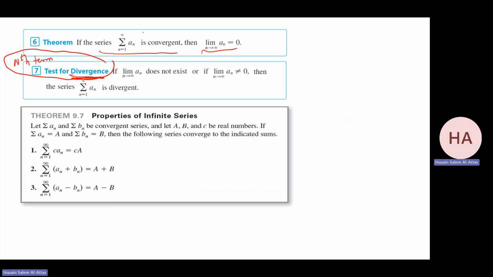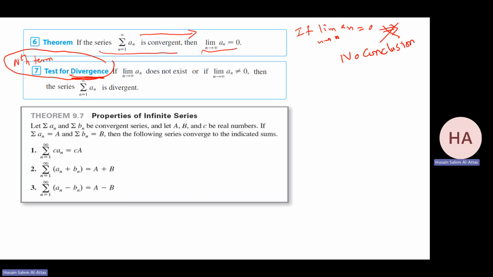Be careful, this is only a one-way theorem. It does not mean that if the limit is equal to 0, we can conclude something. No, we cannot. No conclusion. If the limit of the nth term is 0, then we have no conclusion.